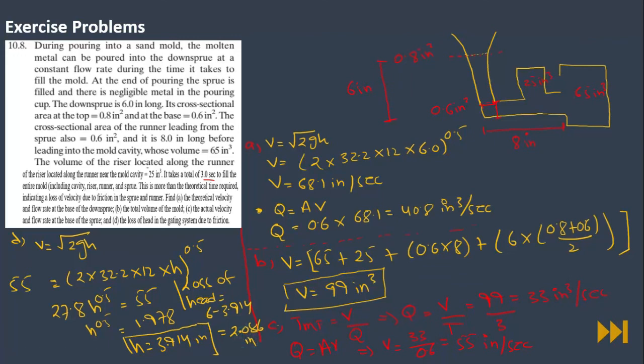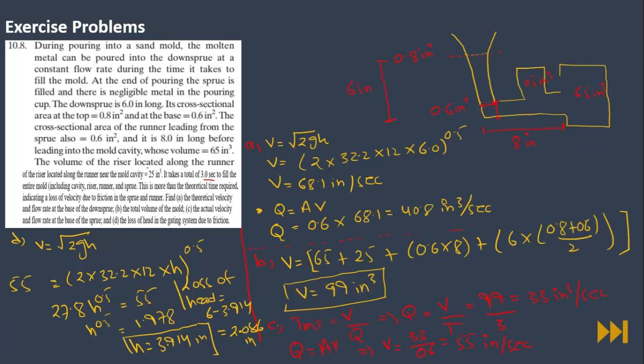So this is the end of this numerical. It said that we have a mold cavity of 65 inch cube and a riser of 25 inch cube, a down sprue with a length of 6 inches and a cross-sectional area of 0.8 at the top and 0.6 at the bottom, and a runner with 0.6 cross-sectional area and 8 inches long. The molten metal is filled up to this level, not in the pouring cup.